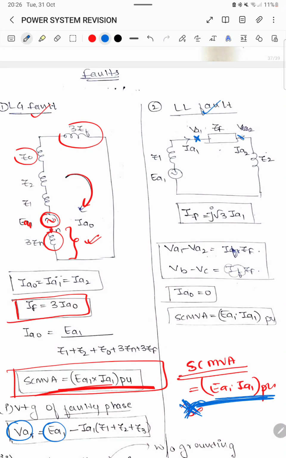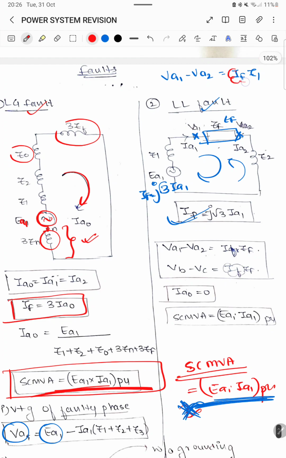Okay. Now when it comes to LL fault, please see the diagram. There is VA1 and VA2, and in between them there is ZF. IF is nothing but root 3 J times IA1. Okay. From this diagram we will be able to get IA1 and IA2 both. From here I want you to understand that IA1 minus IA2 is nothing but IF ZF.